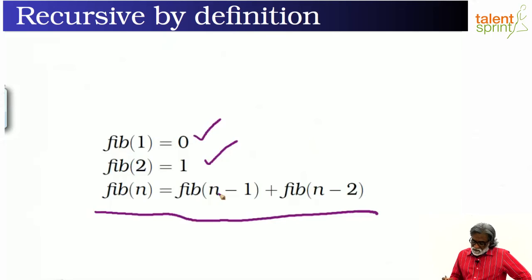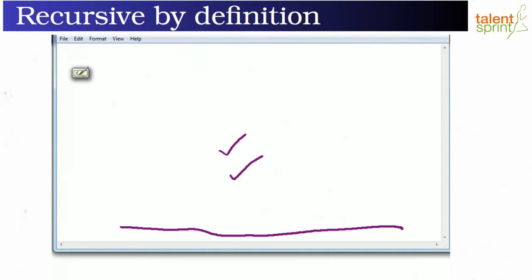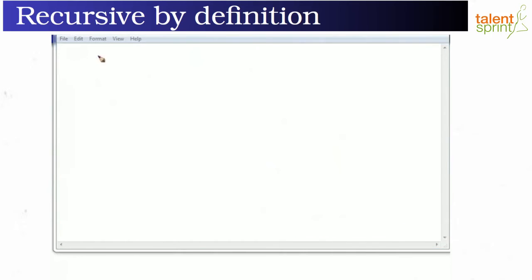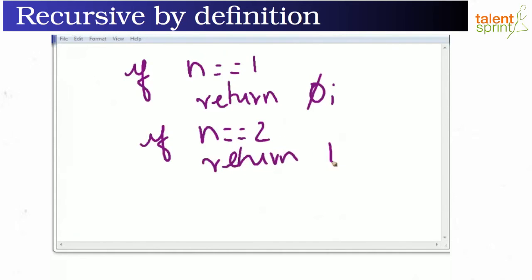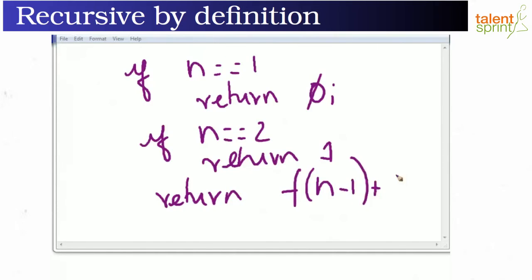Probably you have seen this before. Let's write the Fibonacci code again. It's fairly straightforward again to write. What will we say? If... that is all.